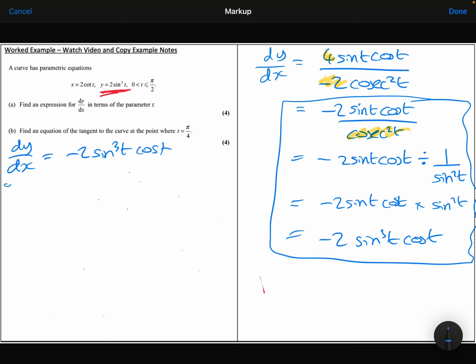So when t is pi over 4, the gradient of the curve will be minus 2 times sine pi over 4 cubed times cos pi over 4. If I type that into my calculator, sine pi over 4 is root 2 over 2, and I'm going to cube that, multiplied by cos pi over 4.